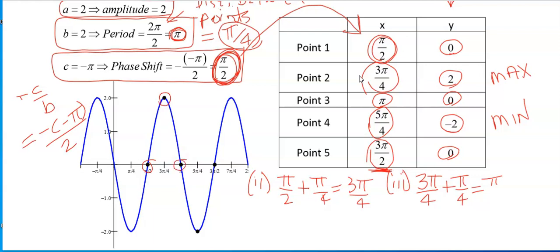Ta-da, right there. Then you've got 5 pi over 4. There's your x value of 5 pi over 4, and negative 2, so that's going to be your minimum. And last point, 3 pi over 2. There's your x value, and the height of that is 0. And there's point number 5. Now, by the way, if you look at this carefully, you're going to see that there's a pattern going from one point to the next point.